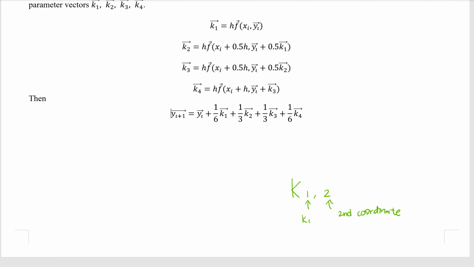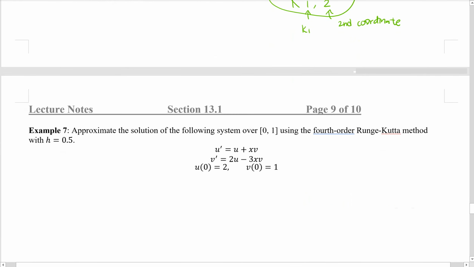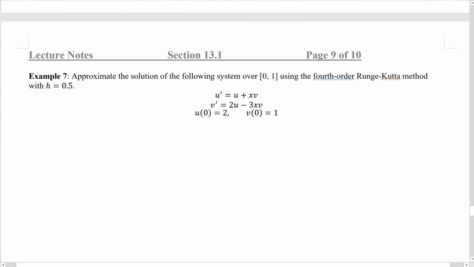So the first index is the number of K, K1, K2, K3, K4, 4 of them. The second index corresponds to the coordinates. Okay, so I'm going to use this notation. Sorry, a lot of abuse of notation because we're working with vectors and there is more data involved.